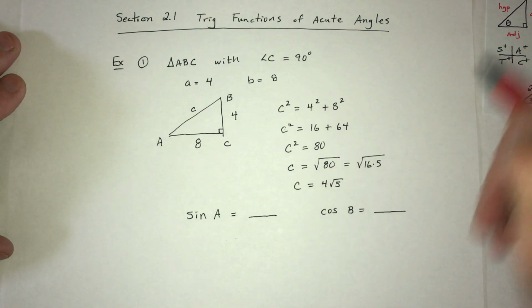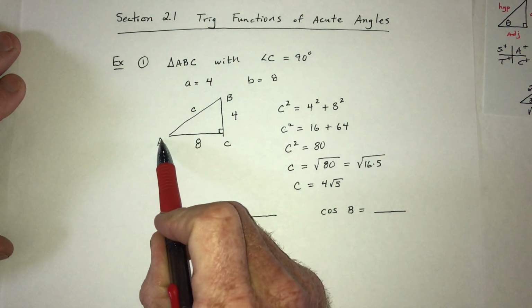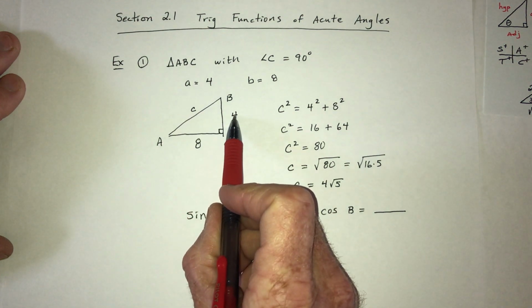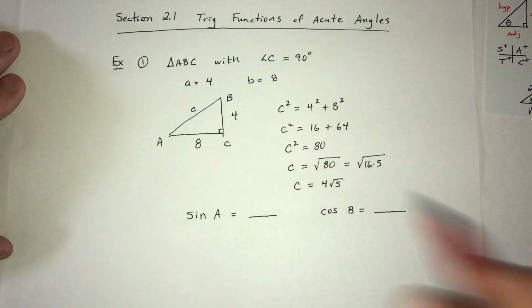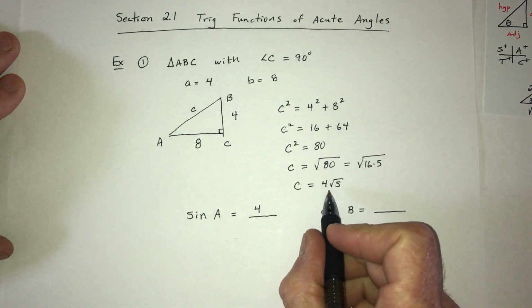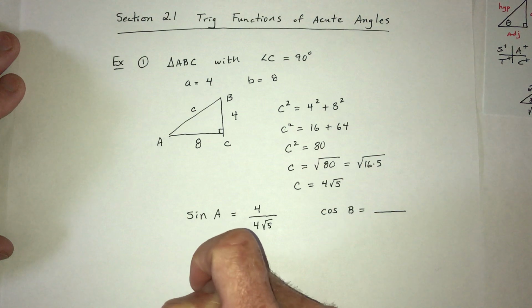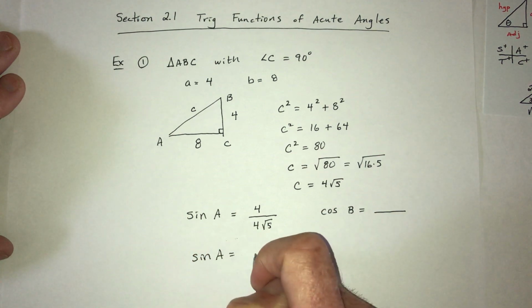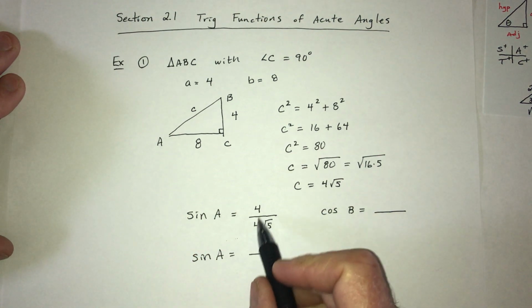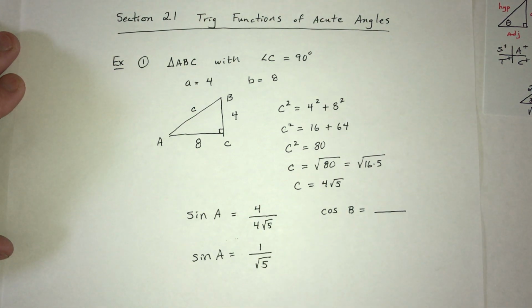So when you're doing this, make sure that you look at the angle it's talking about, angle A, and then go opposite of that, 4, over hypotenuse C. So that would be 4 over the C, which is 4 radical 5. Or in other words, sine of A is equal to, when you reduce, the 4's will leave a 1 on top and then square root of 5. And unless you're specifically told to rationalize the denominator, you don't have to. You can leave it like that.